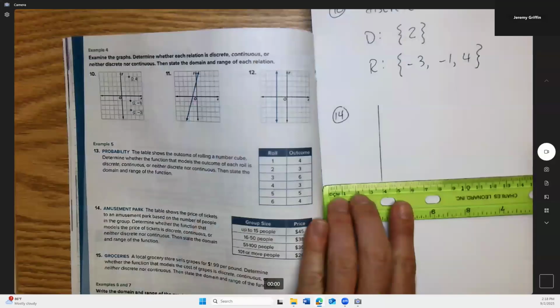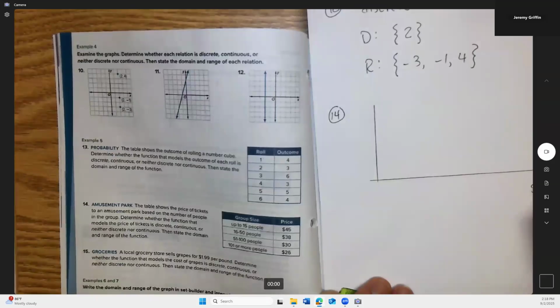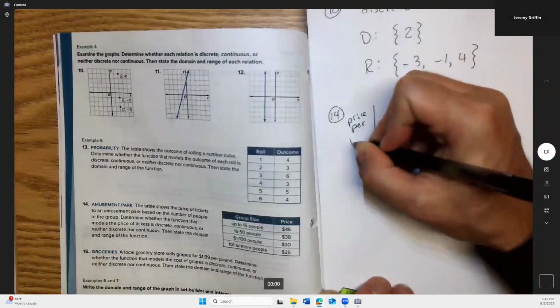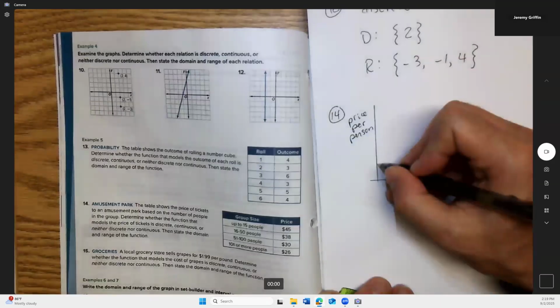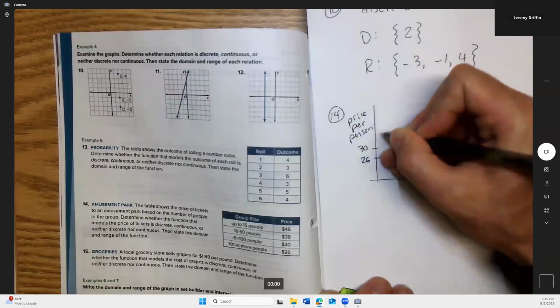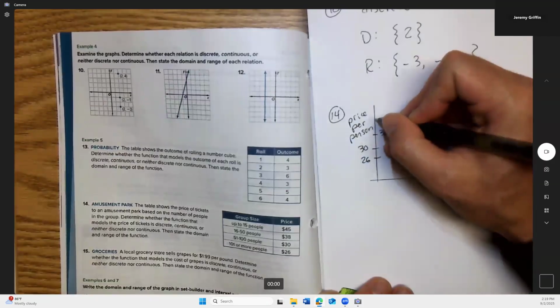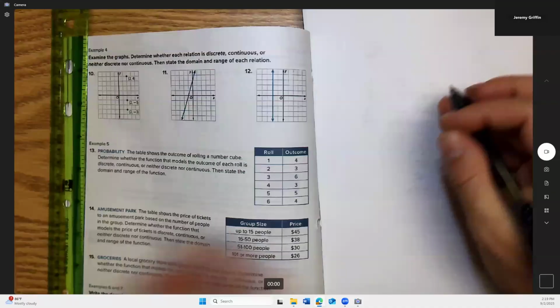We're going to put group size on one axis, and price per person on this axis. If $26 is here, it's about $30. It's about $38. Sorry, it's a little off. Let me try it again.